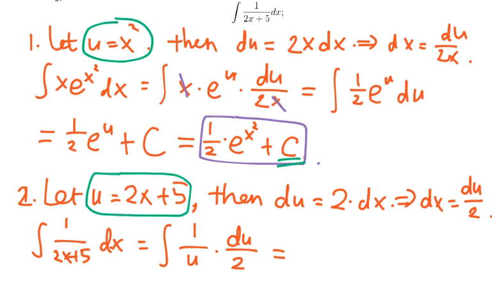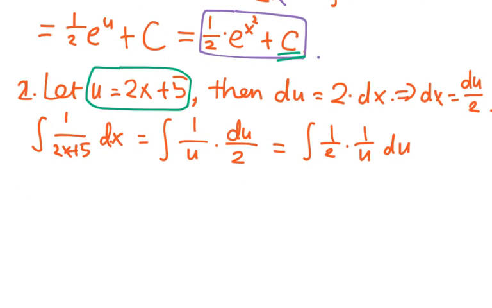So basically we are going to integrate 1/2 times 1 over u, and the antiderivative of 1 over u is the natural log of the absolute value of u. So we will have 1/2 times the natural log of the absolute value of u plus a constant c.